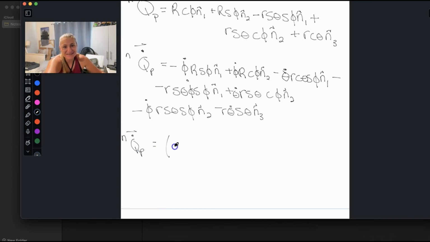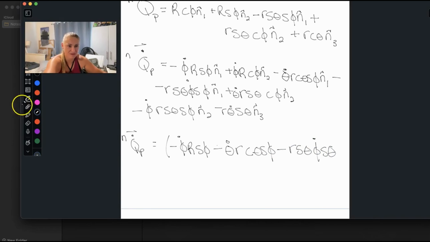So we have negative phi dot r sine phi minus theta dot r cosine theta sine phi minus r sine theta phi dot sine. Okay, let me actually rewrite this term because they're all out of whack.